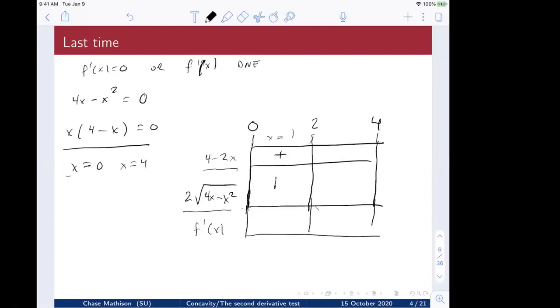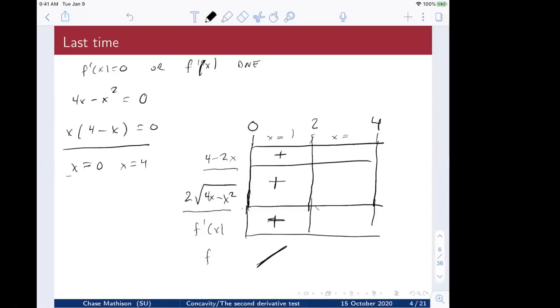Positive. Yes, this is also positive. So f prime is a positive divided by a positive, which is going to be positive. So f is increasing between x equals 0 and x equals 2. So this is what f looks like.